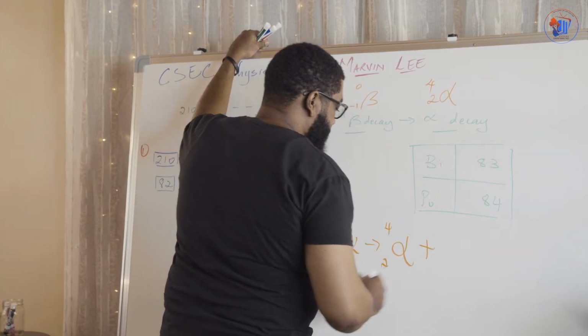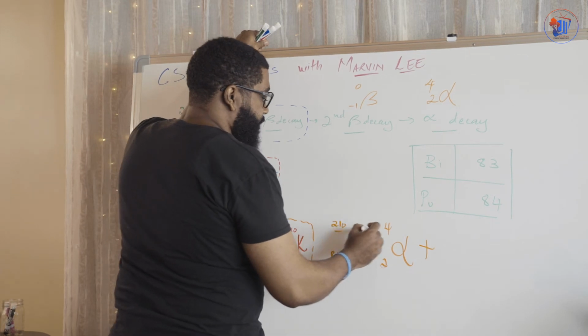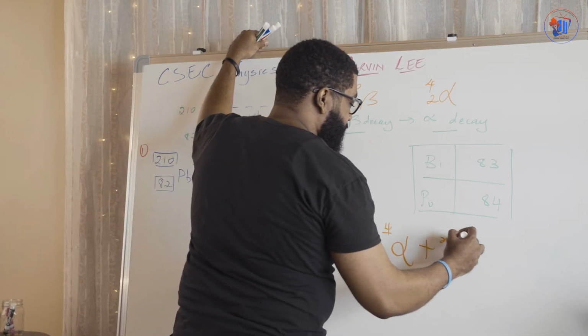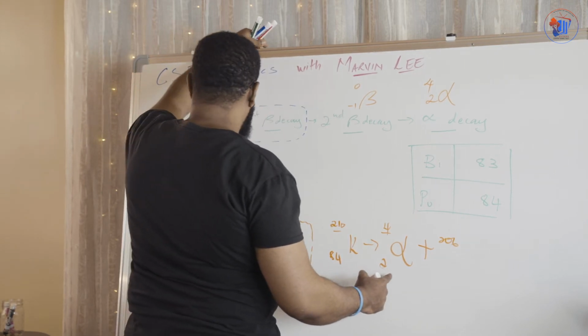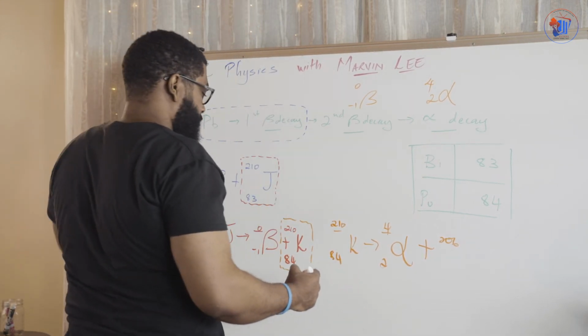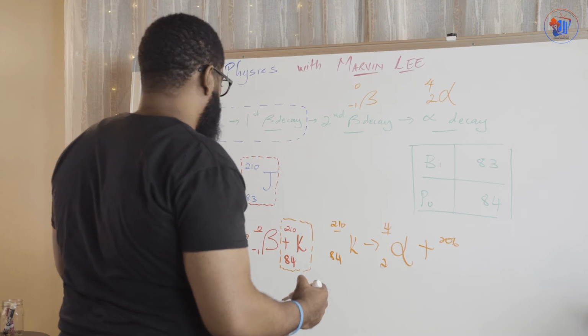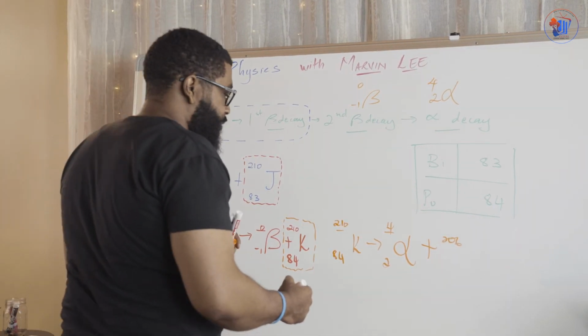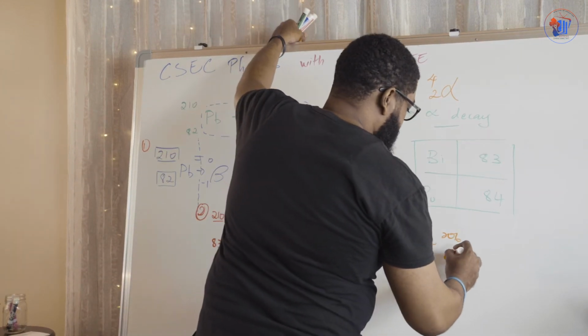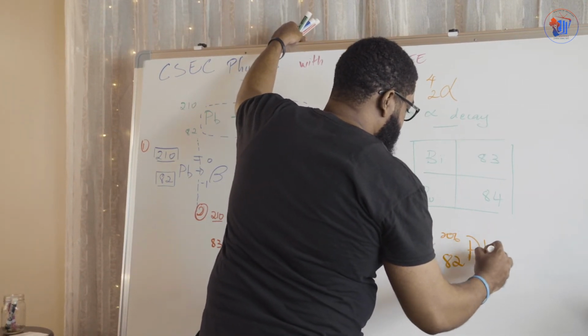And to balance the equation, 210 minus 4 is 206, and 84 minus 2 is 82. And this is our final product.